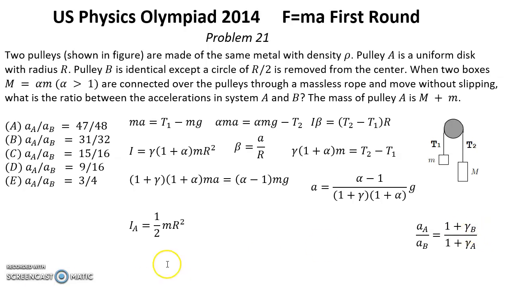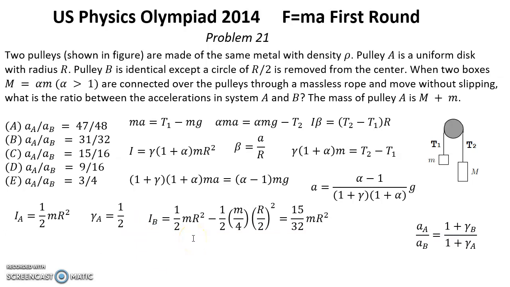Let's count gamma for case A and gamma for case B. Let's say the mass of the pulley equals m. In that case, for the solid disk we have I_A equal 1/2 m r squared and gamma A equal 1/2. In the case of the pulley with a hole, we have to subtract the moment of inertia of this hole, which was taken from this pulley, from the initial I. That will be this expression, where this number is just I for this taken part of the pulley.